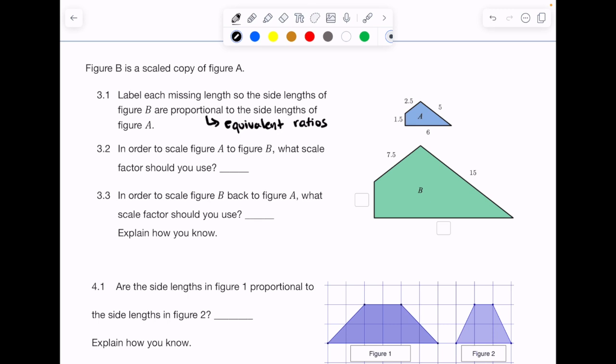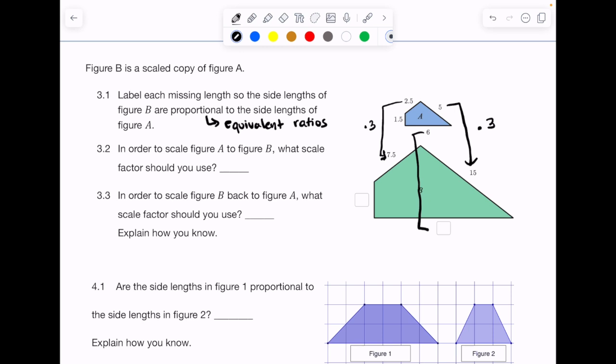The ratios are going to be the same. So here I look at this and I say 5, 15. What's the scale factor there? I'm multiplying by 3. So if I want to fill in all these other ones, I can also check that with this one. 2.5 times 3 is 7.5. Remember, you will have a calculator, so you can always use that.